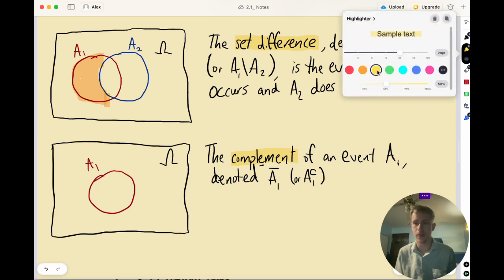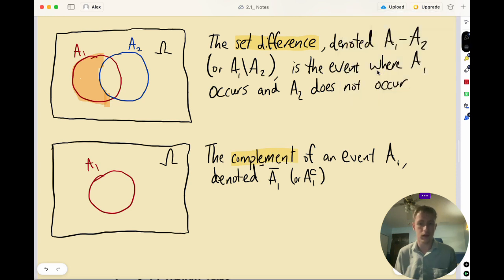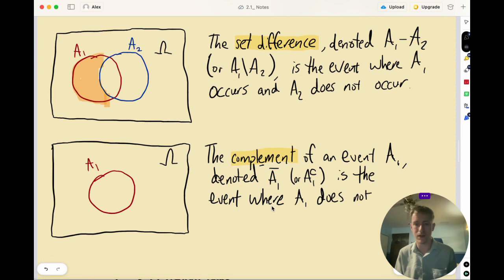It is the event where A1 does not occur. So it is everything else in the sample space excluding all of A1's elementary events.